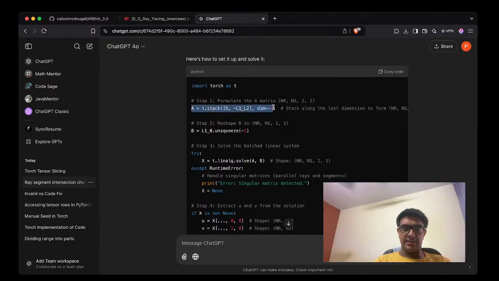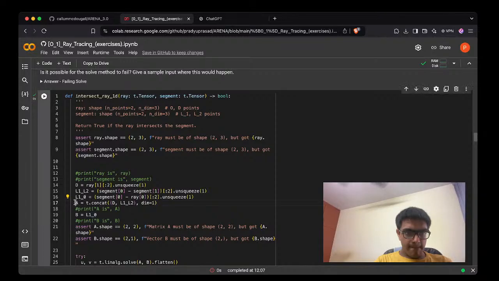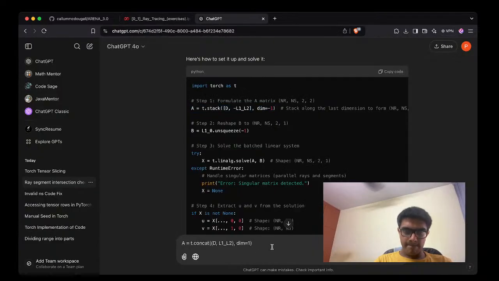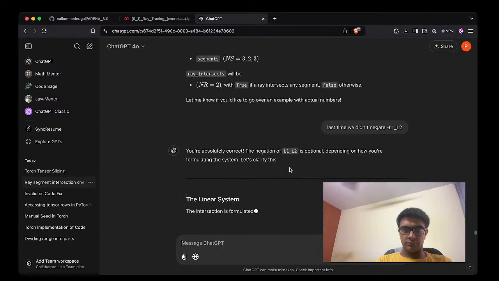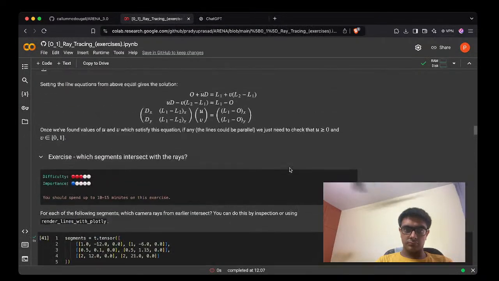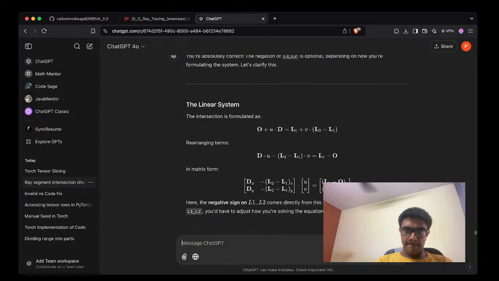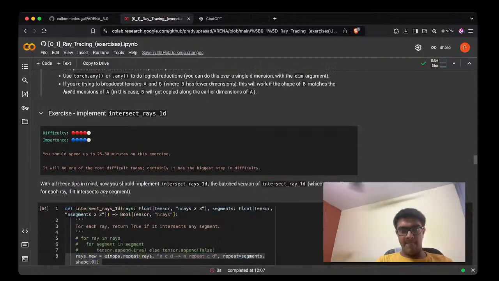A equals T stack this. Do we have to subtract it? Why did they do the negation of it? We didn't do a negation last time. Stack it up, right?